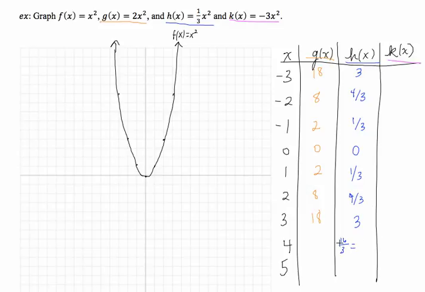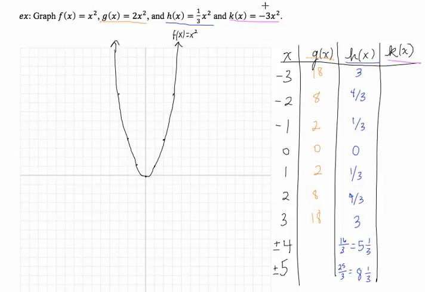So that would be, let's see, 15 thirds is 5, so that would be 5 and a third when we graph it. And the same is actually going to be true for negative 4, so that's true for positive or negative 4. And if x is positive or negative 5, we square it, we get 25 thirds. See, 24 thirds is 8, so 25 thirds would be 8 and a third. That gives us a few more points to plot. I think that should be plenty now for h.